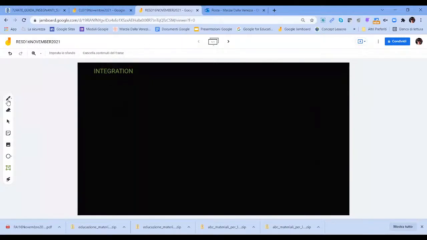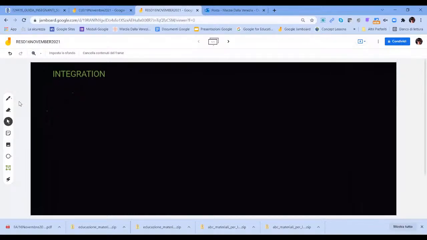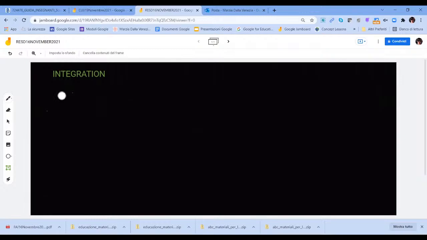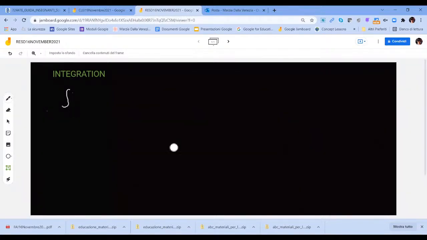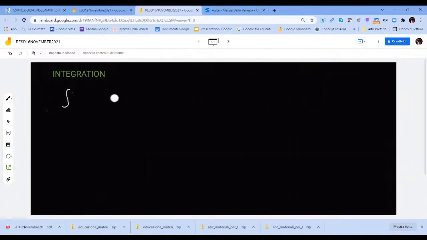Okay, for instance, let's say we have some power of x, and for now we will exercise only indefinite integrals, so without extremal points, but using this type of integral too.